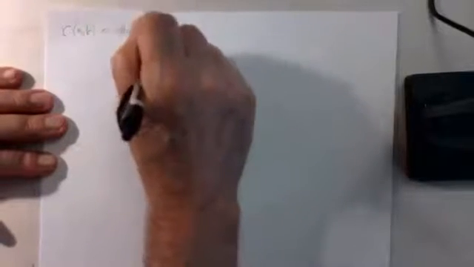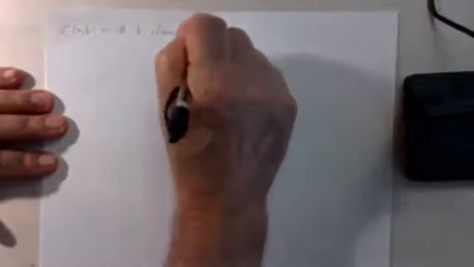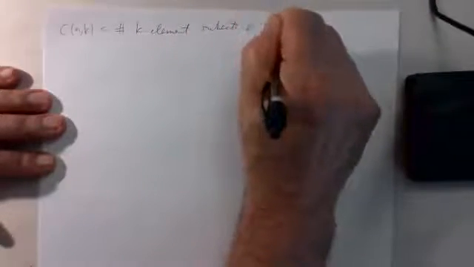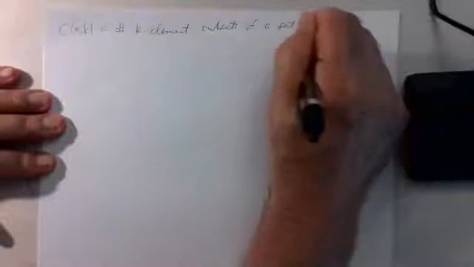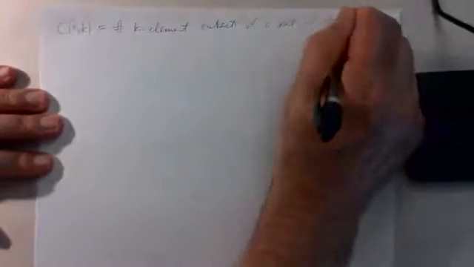Okay. So this is a problem about this binomial coefficient C of n, k, which is the number of k element subsets of a set of size n.